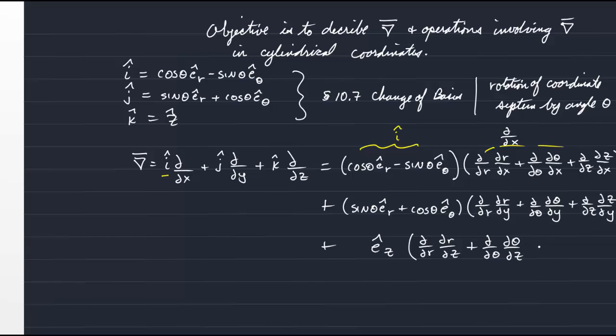And then finally we have the partial with respect to z of dz by dz. And this turns out to be 1. These others all turn out to be 0 because r and theta do not depend on z.